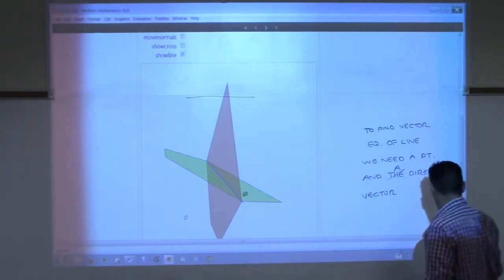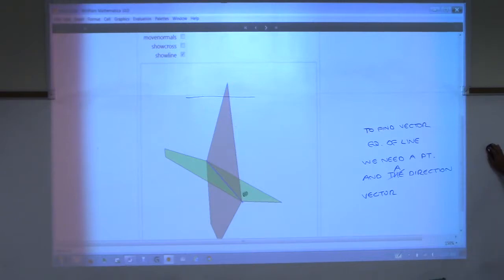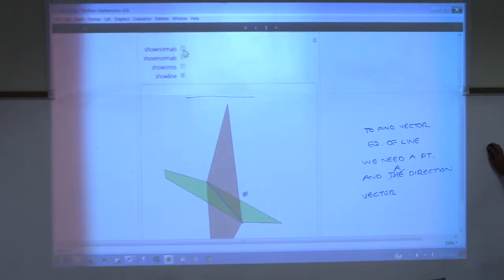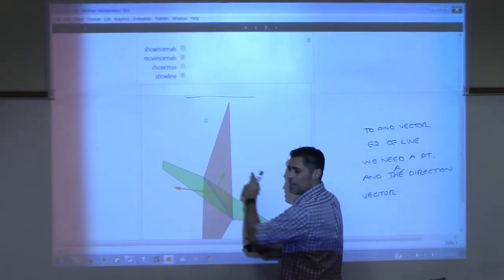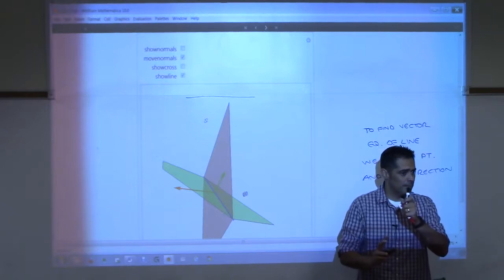Now, I try and do the same thing up here. Let's see how it goes. Here are the normal vectors. See the green vector? It's supposed to be orthogonal to the green plane. The orange vector is supposed to be orthogonal to that orangish plane. And since they're vectors, I'm going to move them so that they both go to the line of intersection. I can do that because vectors can slide around, right?